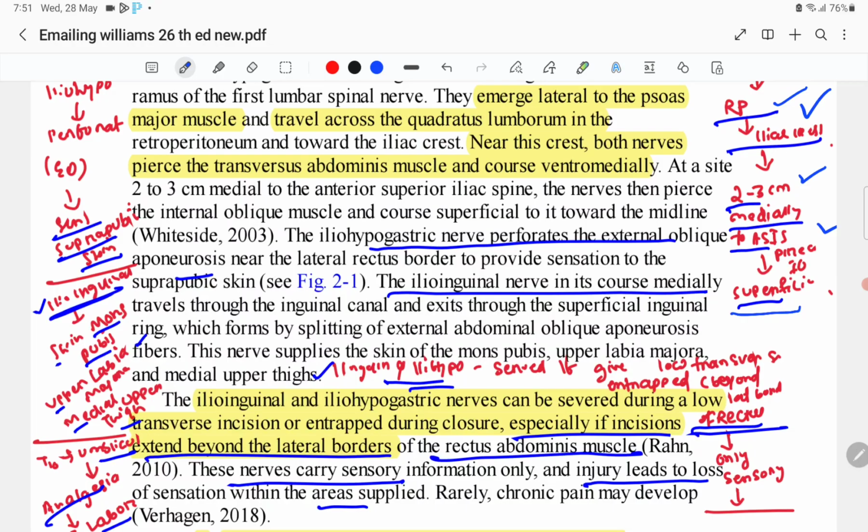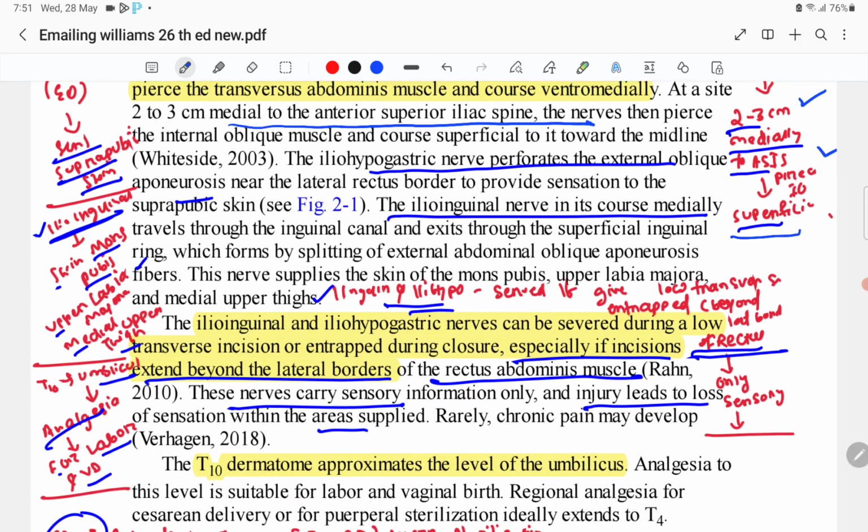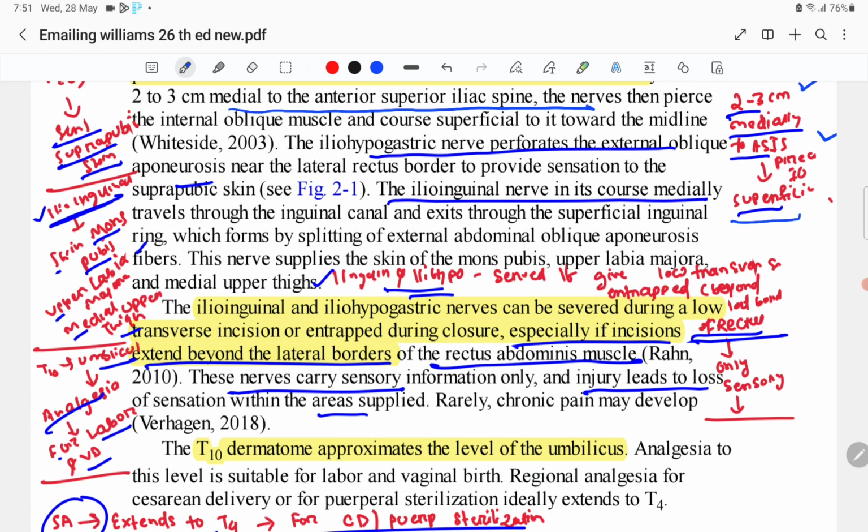So what is the applied anatomy of the ilioinguinal nerve? 2 to 3 centimeters medial to the anterior superior iliac spine. So basically when you give a low transverse incision, this nerve supplies the mons pubis, upper labia majora and upper thigh. The chances of injury can be severe during a low transverse incision or during closure, especially if the incision extends beyond the lateral border of the rectus. If you go beyond the lateral border of the rectus muscle, then the chance of injury is high.